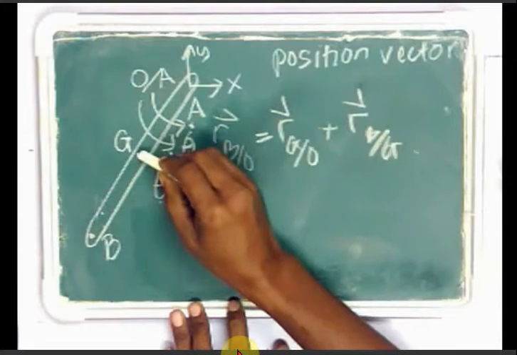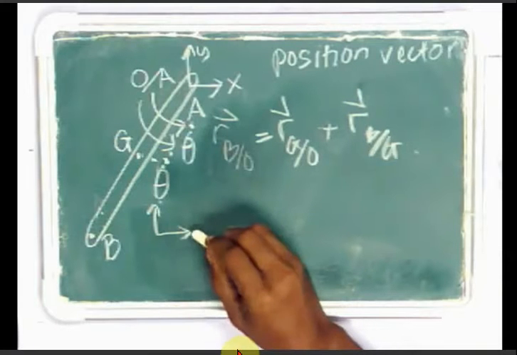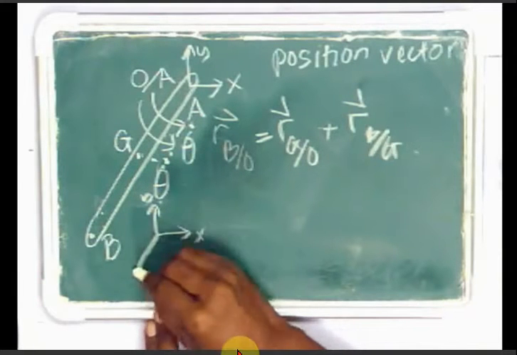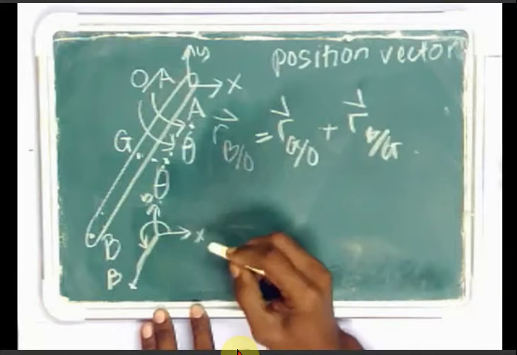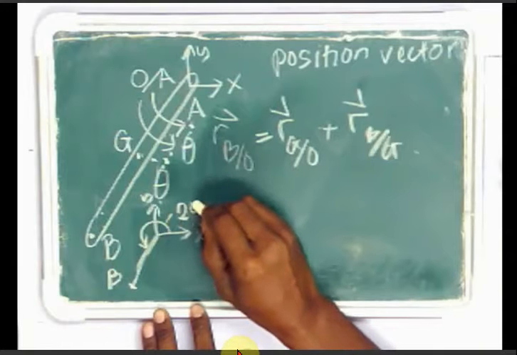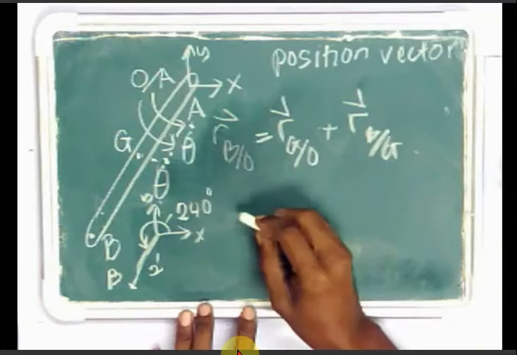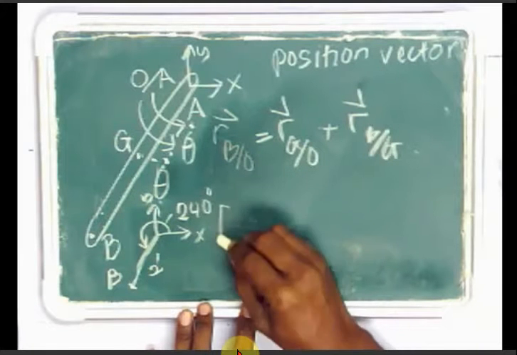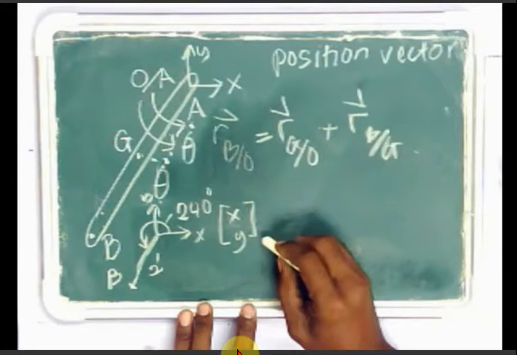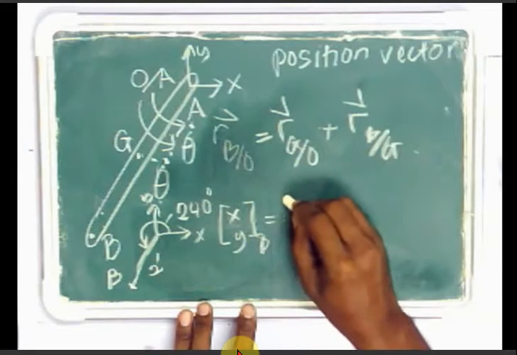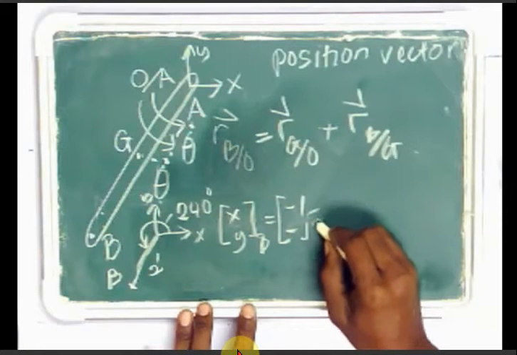This is a coordinate system that we define at G. So this one is X and this is Y, and we have B there, and the angle is measured from that direction. We have 240 degrees, and this one is also 2 feet. So when we evaluate the R B/O, the absolute value evaluated at B, this one is equal to minus 1 and minus square root of 3.